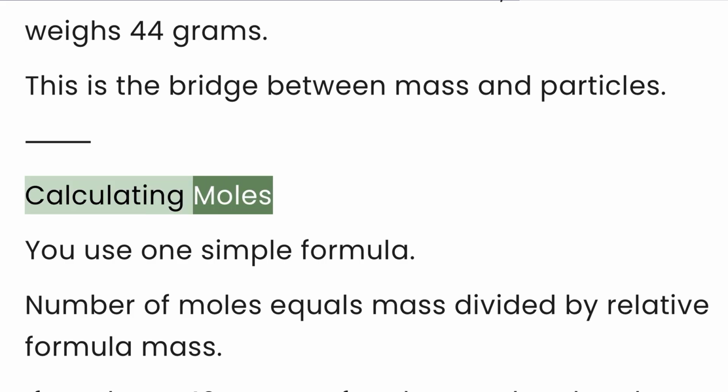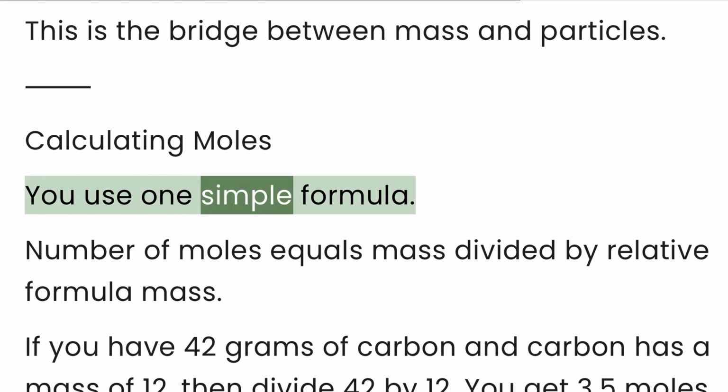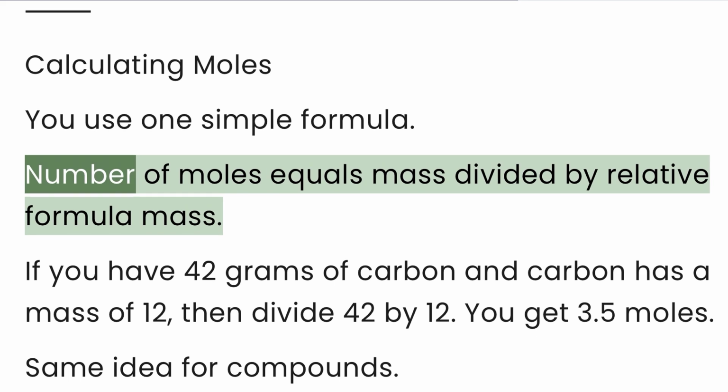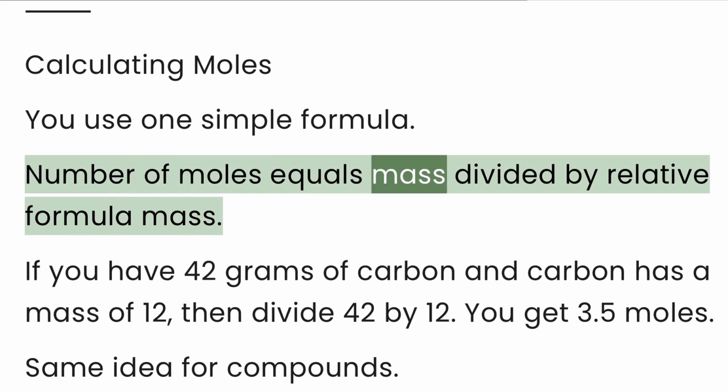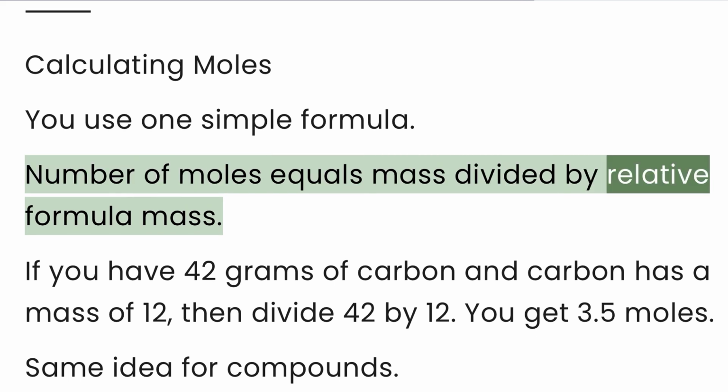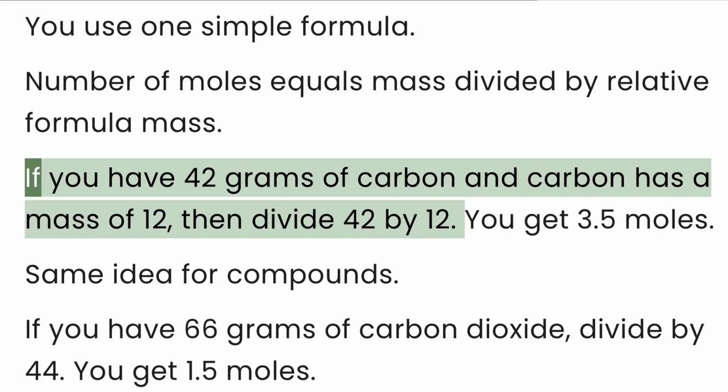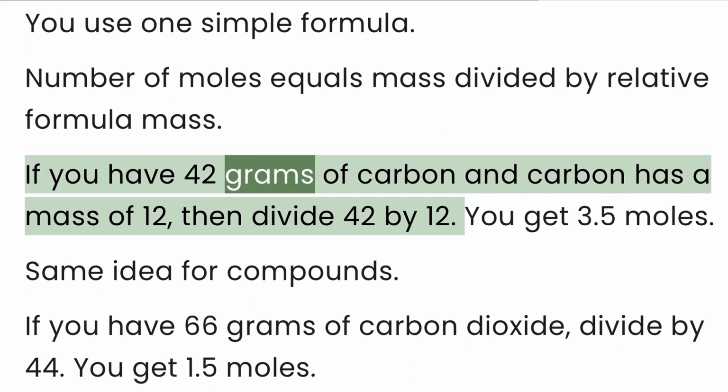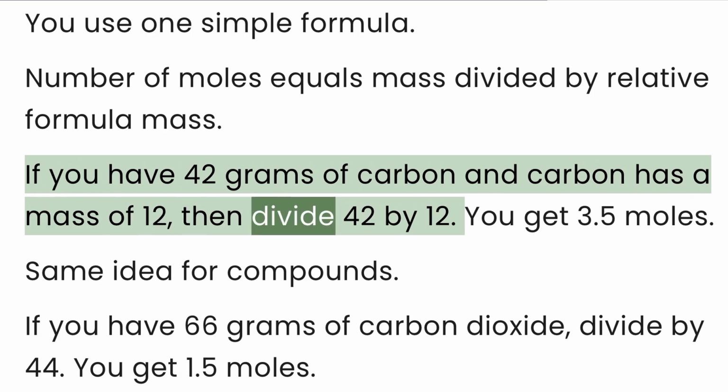Calculating moles. You use one simple formula. Number of moles equals mass divided by relative formula mass. If you have 42 grams of carbon and carbon has a mass of 12, then divide 42 by 12.